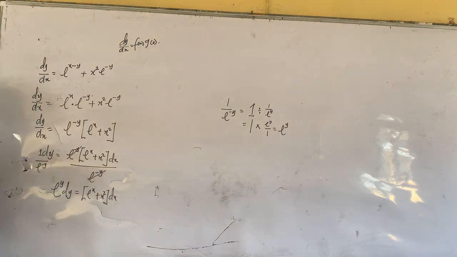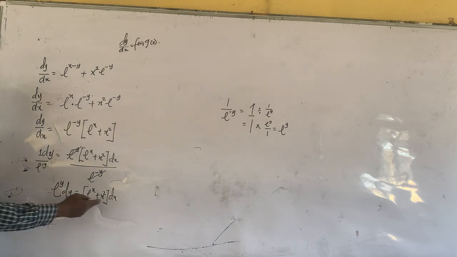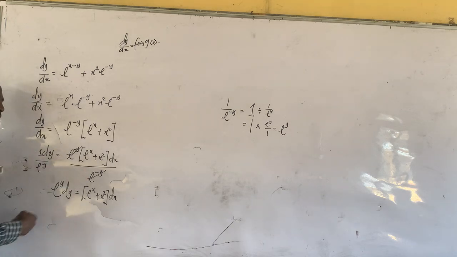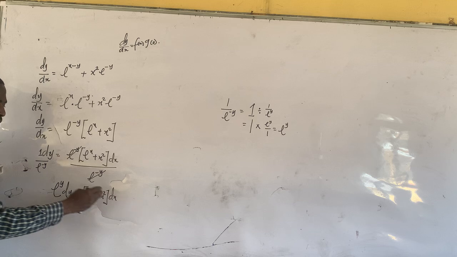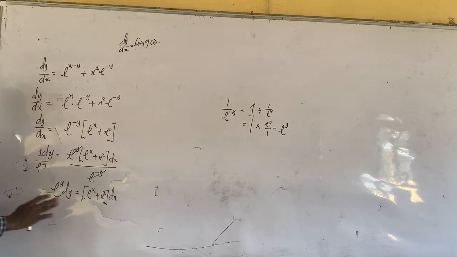dx. Don't forget, the other time when we were solving the first question, I said whenever you have been able to separate the variable x and the variable y completely, whereby you have function of x with the x, function of y with the y, the best thing to do next is to integrate both sides of the equation.